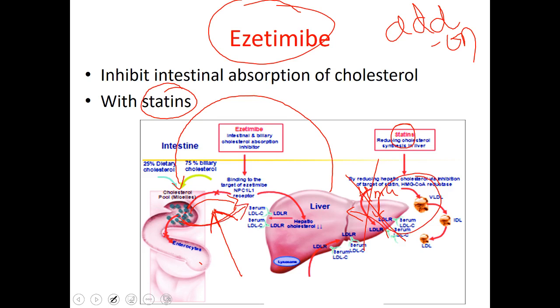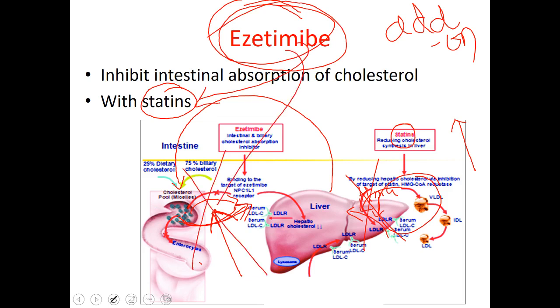So when this happens, it reduces the uptake of cholesterol from LDL. So what will happen now to LDL? The LDL will start to increase. So now this is where you may have to introduce ezetimibe. Ezetimibe inhibits dietary absorption of cholesterol.